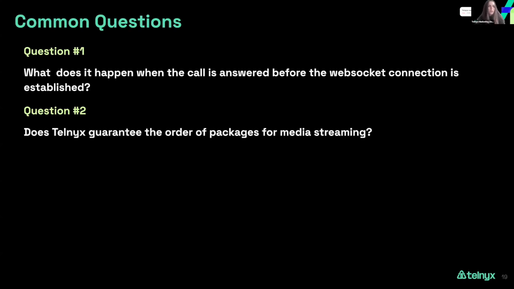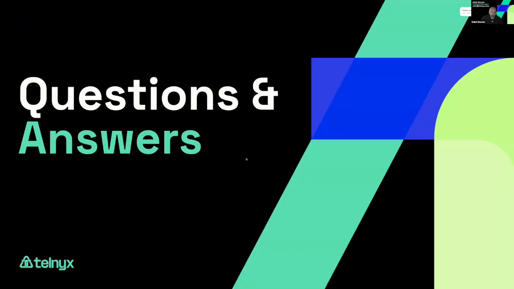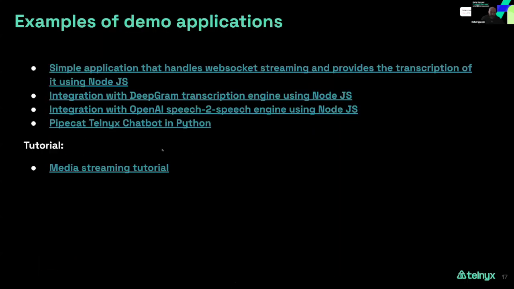Okay, perfect. And one more question. Hello, my use case is to use Telnyx as a real-time language translator between two users, which is bidirectional communication. How can I implement that? Yes, I would encourage you to see the first and second examples, the links.